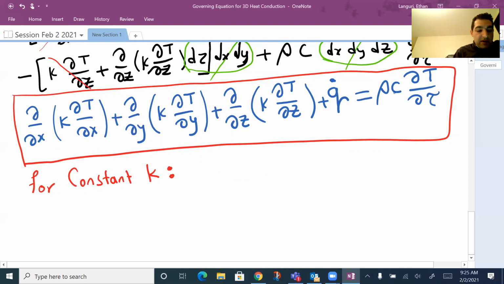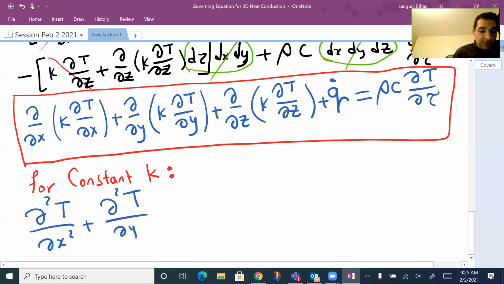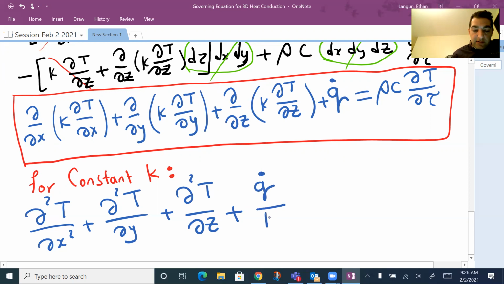So if k is constant, we will have our equation as second derivative of T with respect to x, second derivative of T with respect to y, second derivative of T with respect to z, because k is out. And then we divide all sides of the equation by k. So this q dot gets divided by k. And I have 1 over alpha, thermal diffusivity, del T over del t.